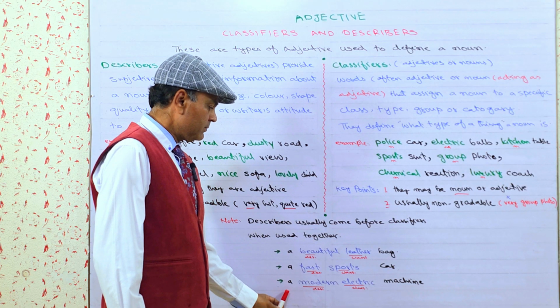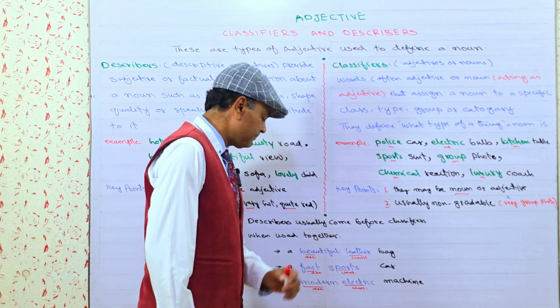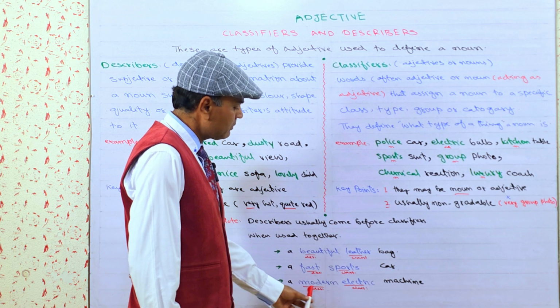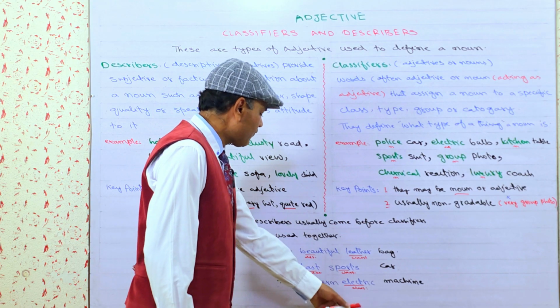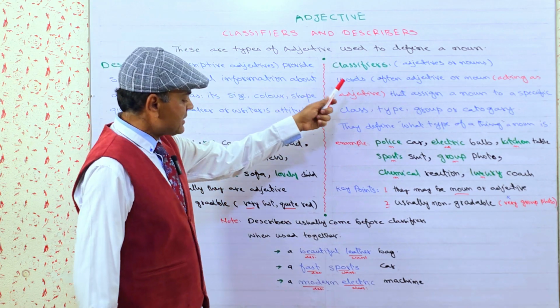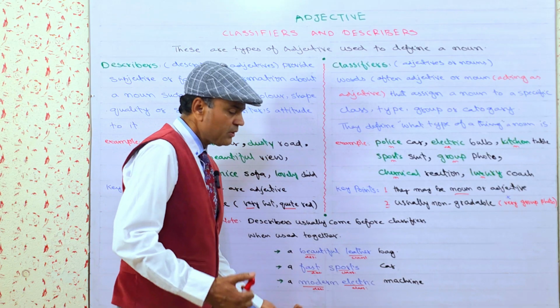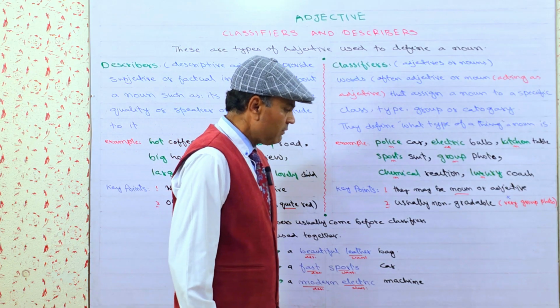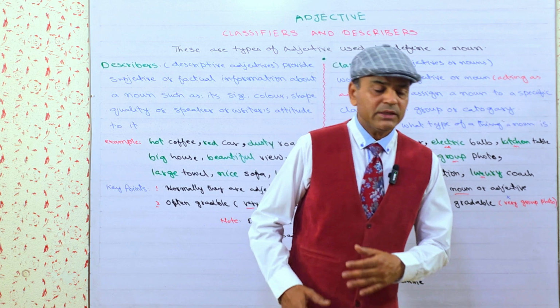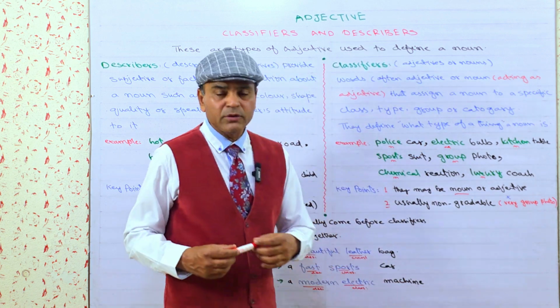A modern electric machine. Here again, modern and electric both of them actually are classifiers, but in this pattern, we are putting any one of the two in our phrase. But this is the more suitable one that I have written.